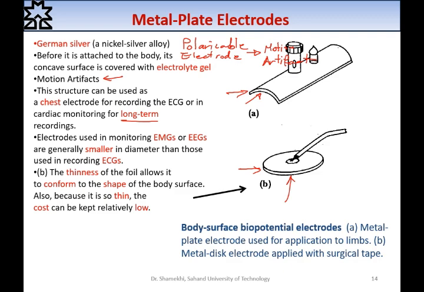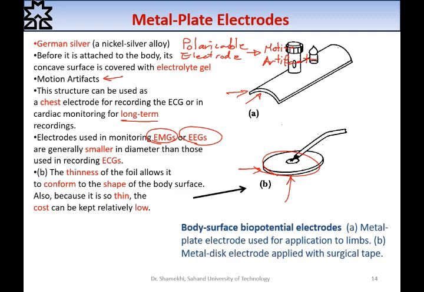Electrodes used in monitoring EMG or EEGs are generally smaller in diameter than those used in recording ECG.